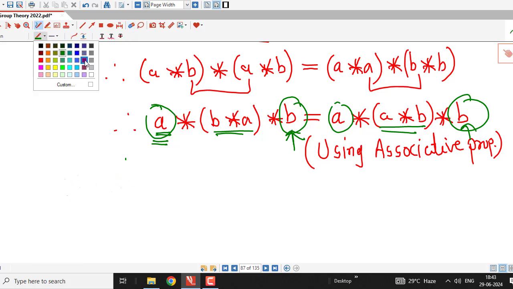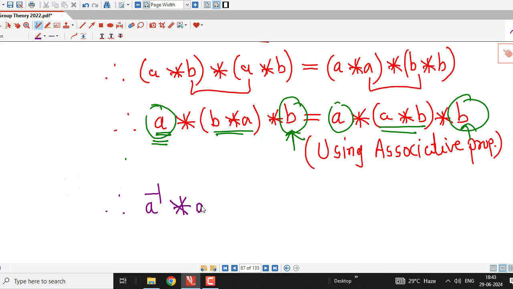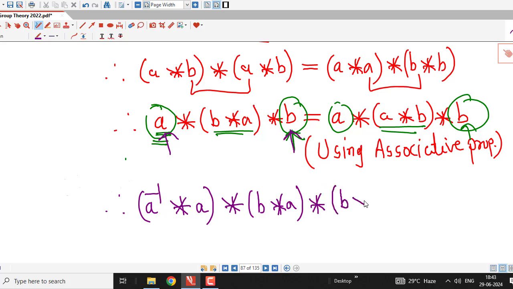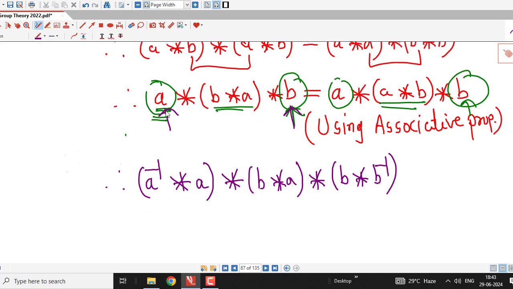So in the next step, on the left side we multiply by A inverse. So here I write A inverse star A and I combine it with B star A as it is, and here I multiply by B inverse on the right side. So to the left we multiply by A inverse, to the right we multiply by B inverse, and same thing for the right hand side.